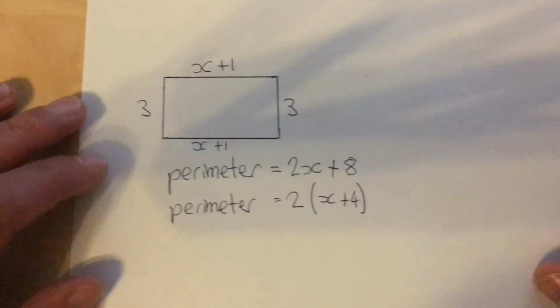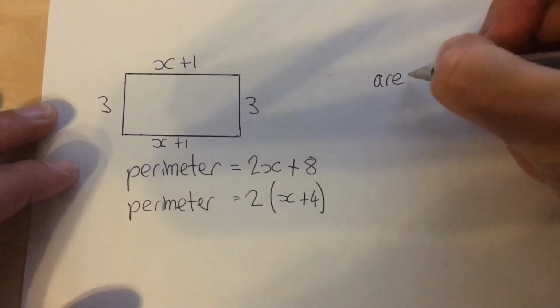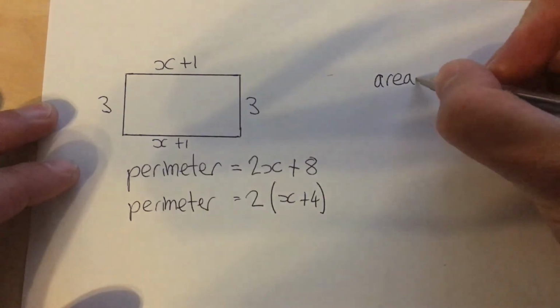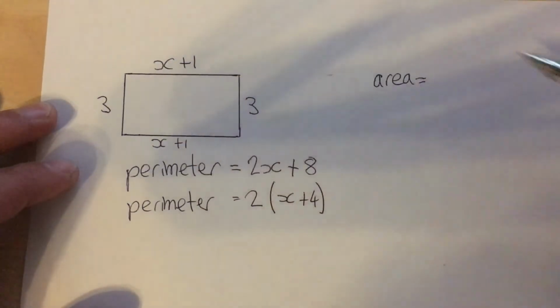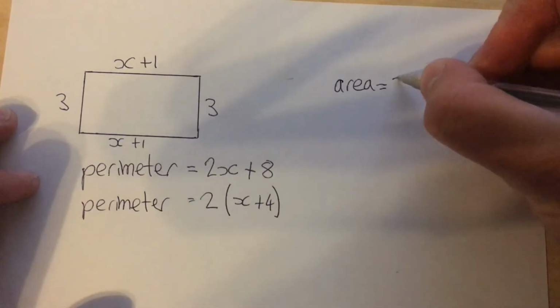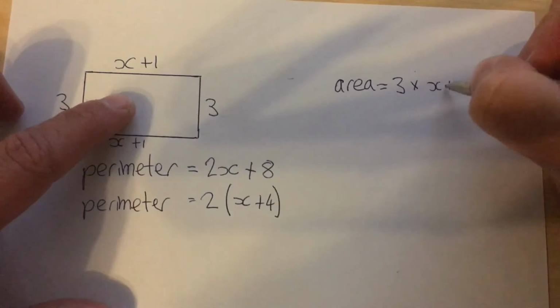I just want to go through one more example here. Using this shape, we could be asked for the area of this shape. Now we only need the length and the width for the area. And how do we find area? We find the product of these two measurements. So here we've got 3 multiplied by x plus 1.